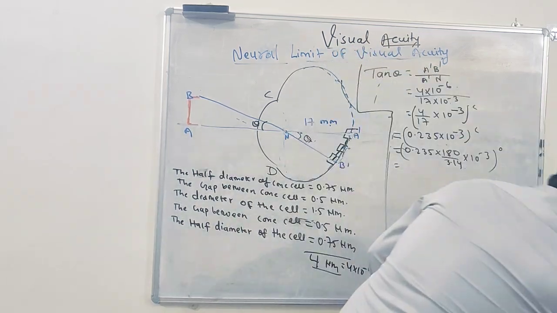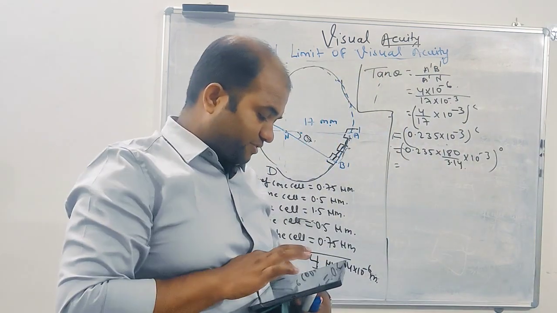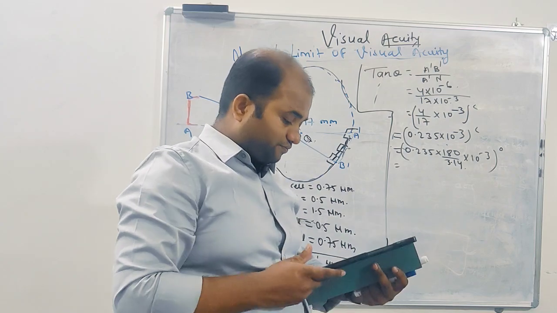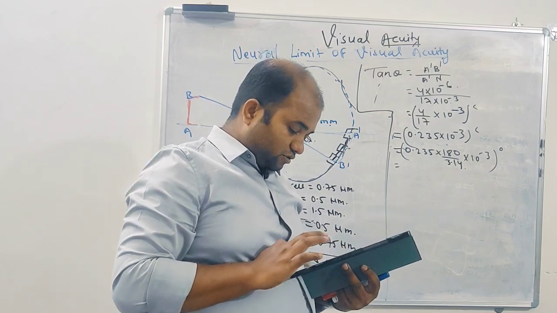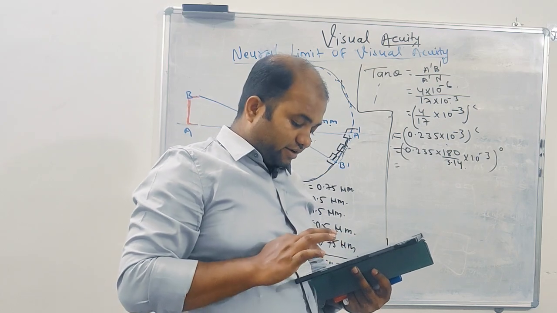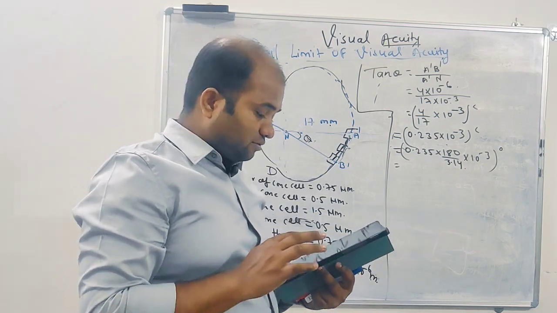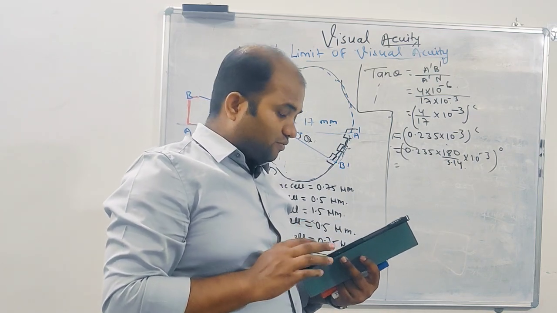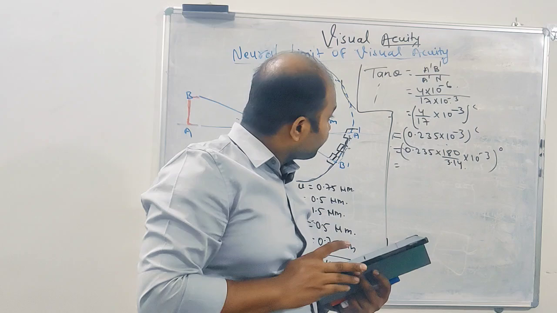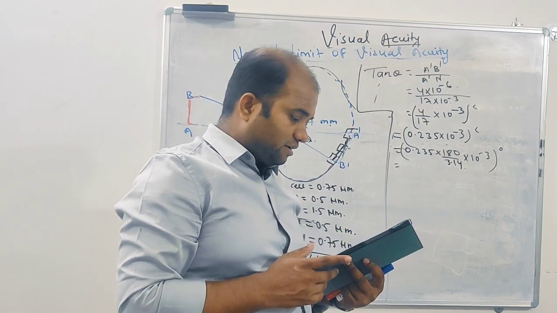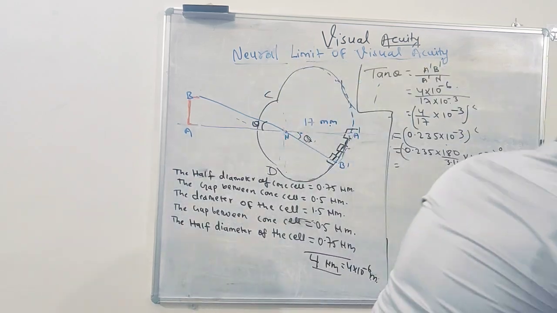We'll take the help of our calculator: 0.235 into 180 is 42.3, divided by 3.14, it is 13.47.